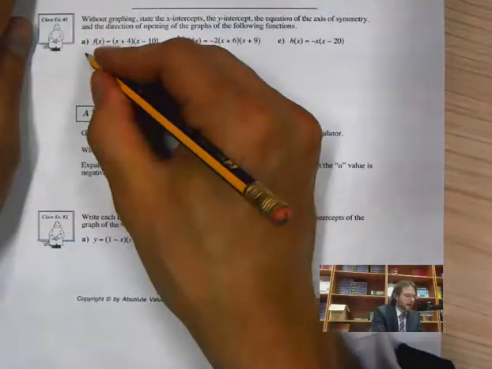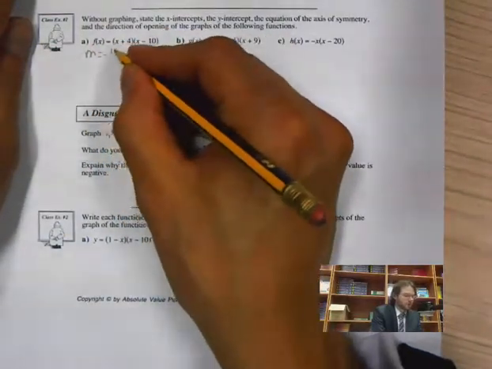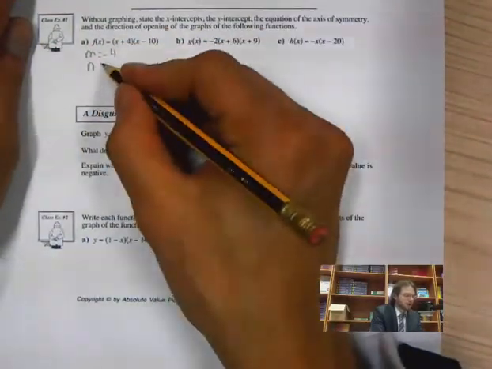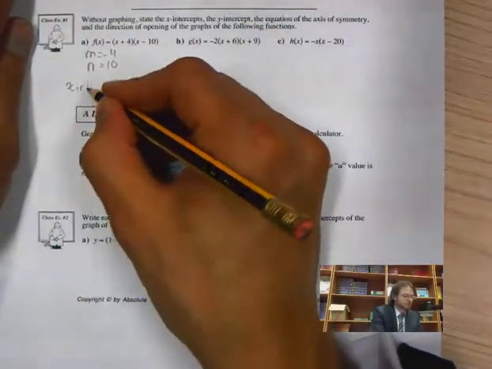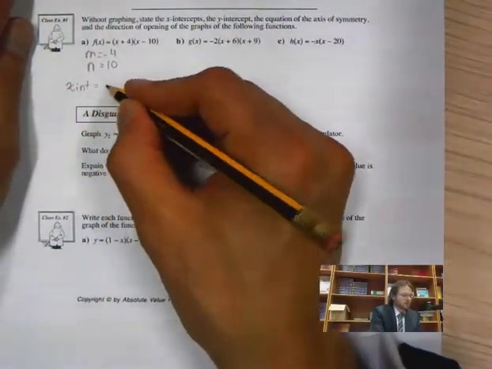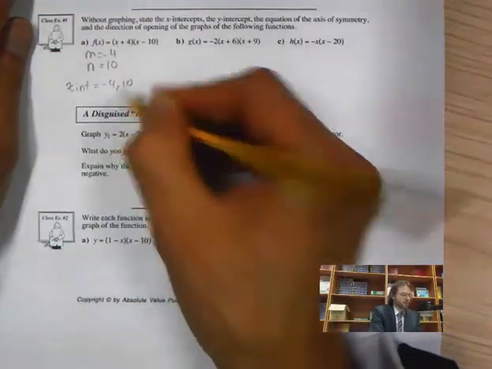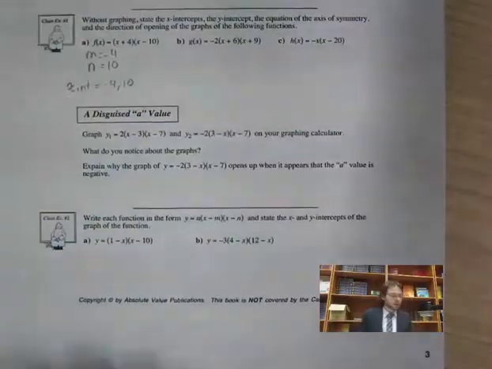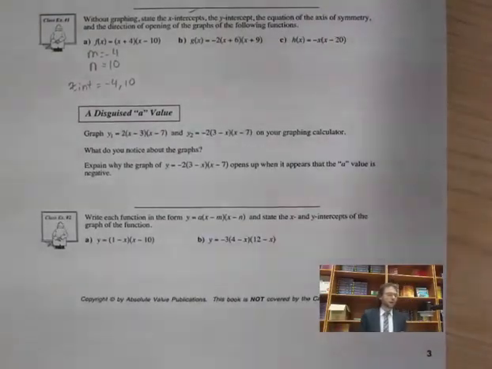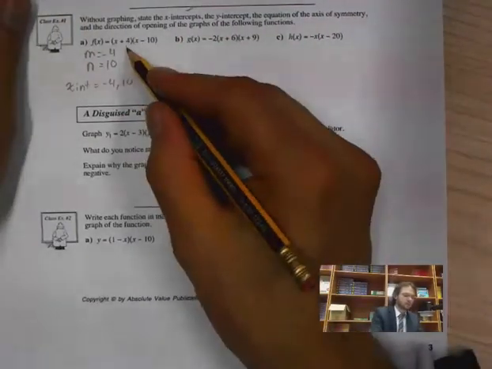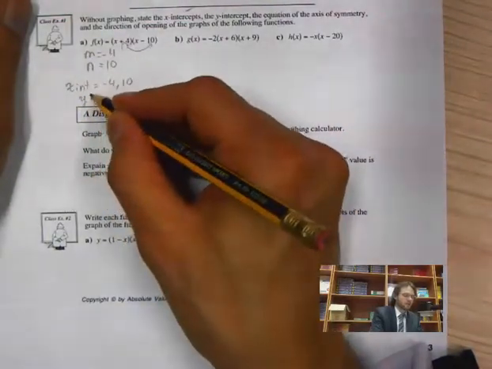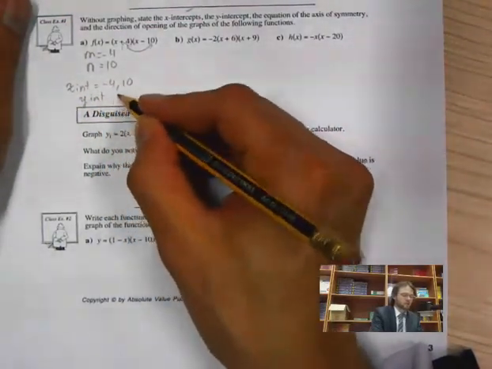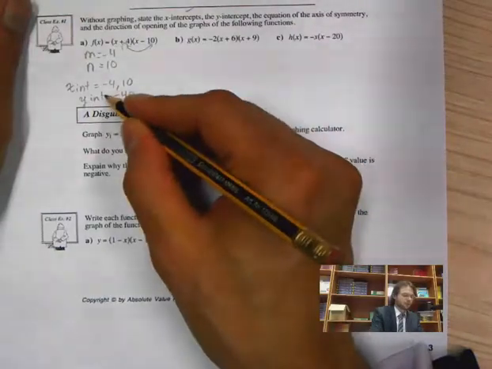So my m is equal to negative 4, and my n is equal to 10. So my x-intercepts are equal to negative 4 and 10. Okay? So that's done. We finished my x-intercepts. For my y-intercept, look at these two guys right here, and I'm going to get my y-intercept is negative 40.